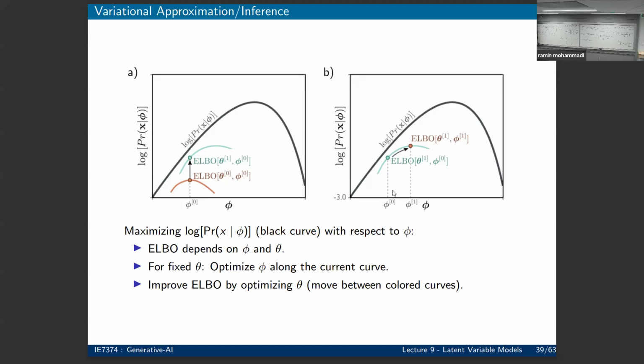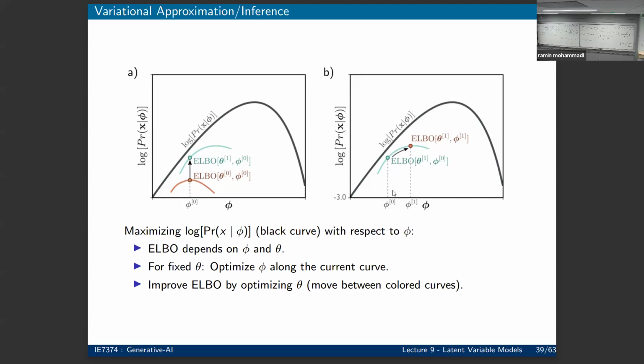You need to think about this lower bound as having two parts. One part is how good theta is. One part is how good phi is. Because theta is for encoding, phi is for the generation part. So this evidence lower bound basically starts like this. You come up with the first lower bound, okay? And the first lower bound is generated using technically the initial theta 0 and, for example, phi 0.